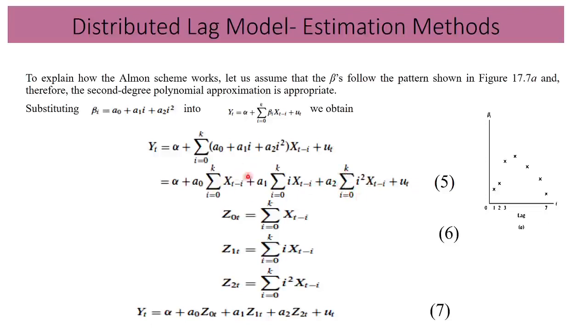Then replace these terms using notations, this term as z0t, this term as z1t, this term as z2t. Then this equation can be written as yt equal to alpha plus a0 z0t plus a1 z1t plus a2 z2t plus ut.